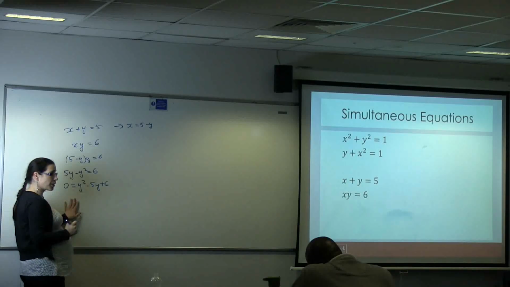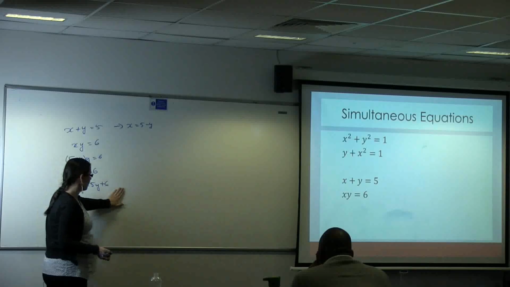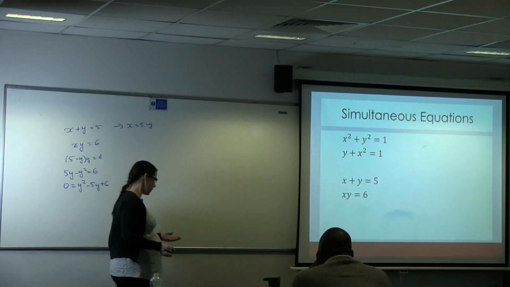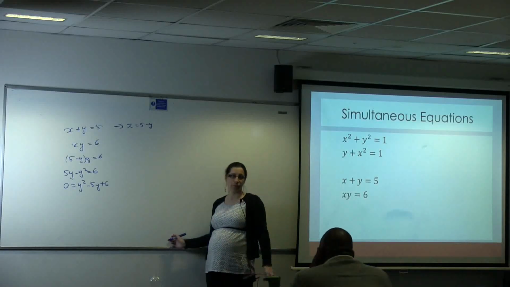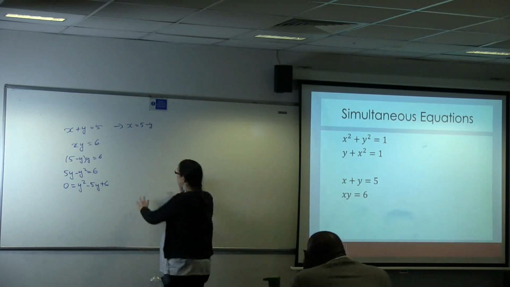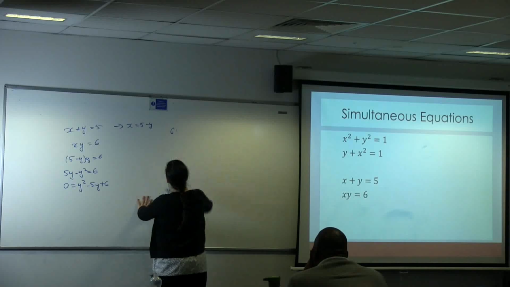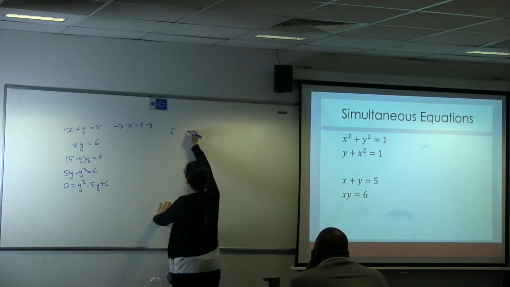And now this is a quadratic, and I have to solve it. Which way do you want to solve this quadratic? Formula or factorization? Factorization. Let's do the factorization then. So, what are the numbers that multiplied together give me 6?